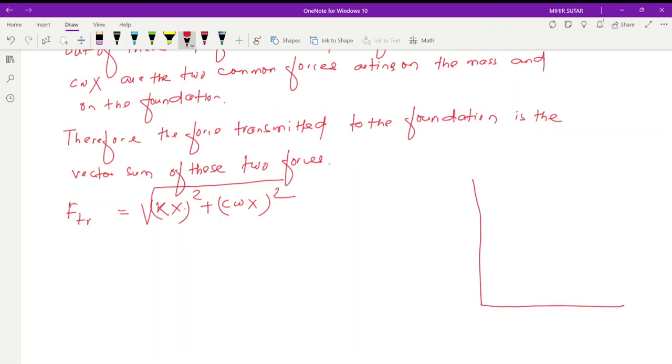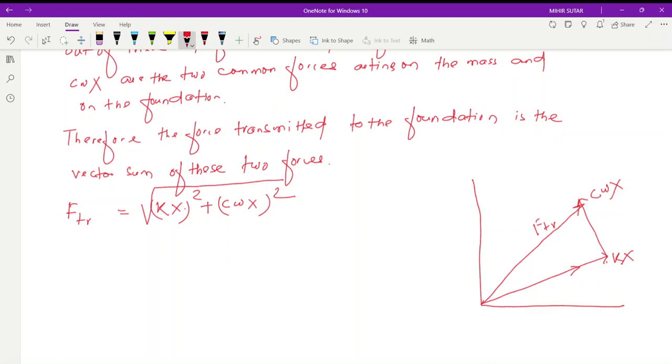let's say this is the displacement, and let's say this is the spring force kx, this is the dashpot force c omega x, and the vector sum will be the force transmitted, that is FTR.